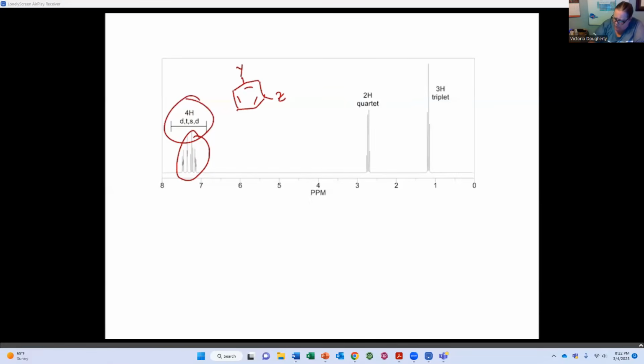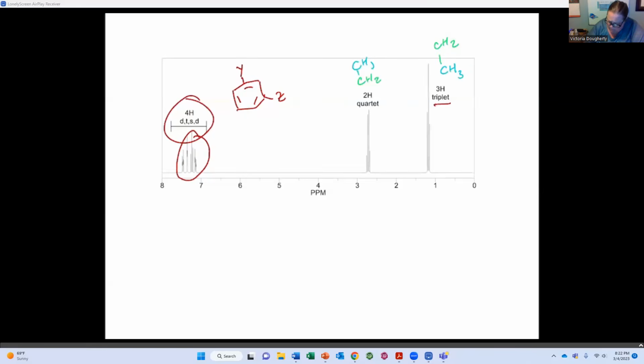Okay, and so I have a triplet that's 3 hydrogens. A triplet means it's what? Next to 2. Then I have a CH2 that's a quartet that's next to a CH3. That's it. These are the only signals.